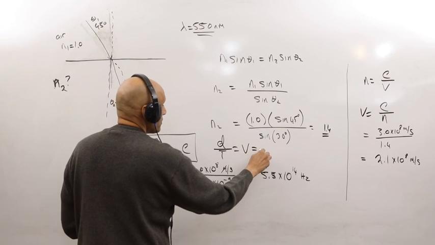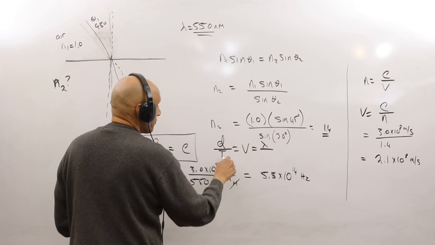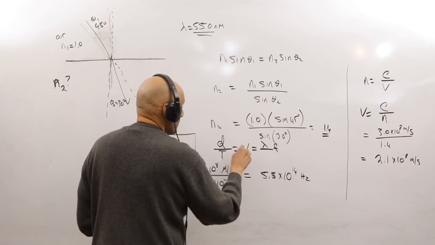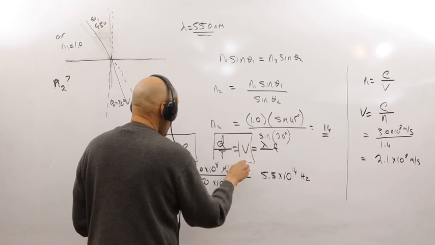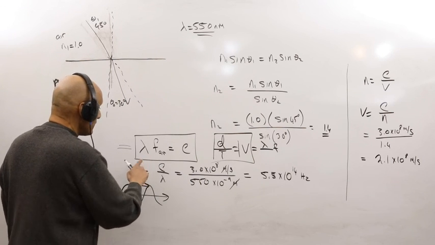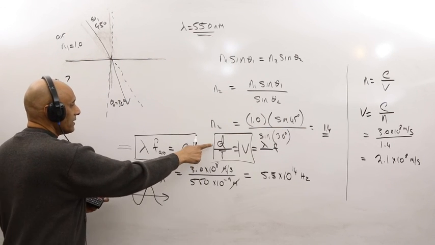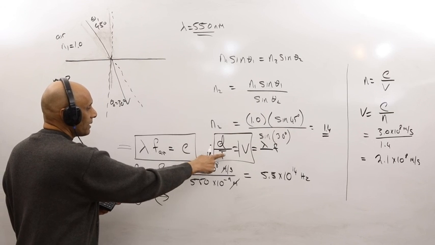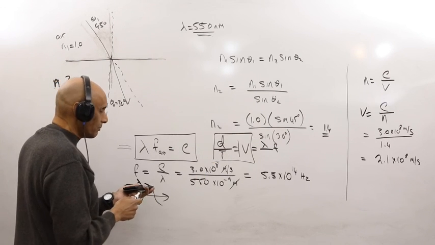The distance is lambda, and 1 over t is frequency. So this is really a statement of distance divided by time being equal to the speed of the object traveling.